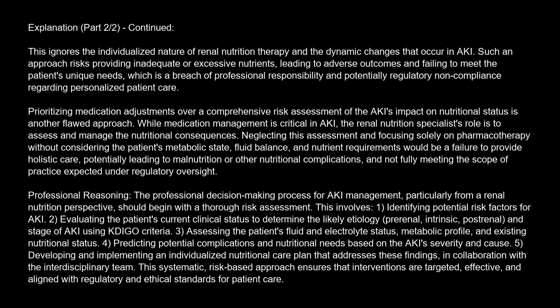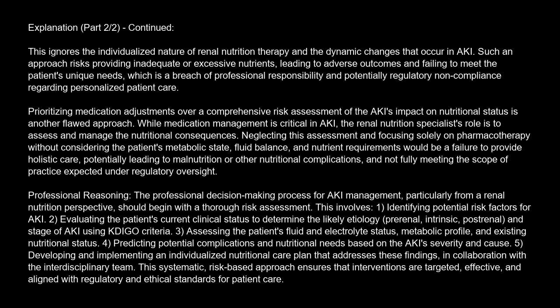Professional reasoning. The professional decision-making process for AKI management, particularly from a renal nutrition perspective, should begin with a thorough risk assessment. This involves: 1. Identifying potential risk factors for AKI. 2. Evaluating the patient's current clinical status to determine the likely etiology, pre-renal, intrinsic, post-renal, and stage of AKI using KDIGO criteria. 3.